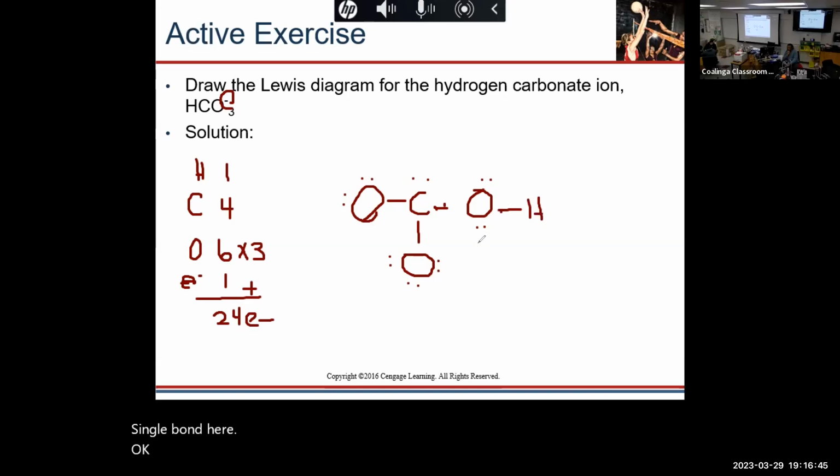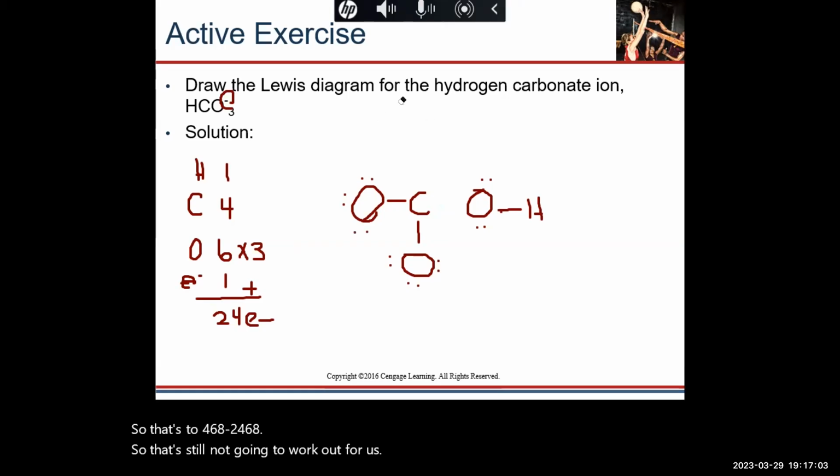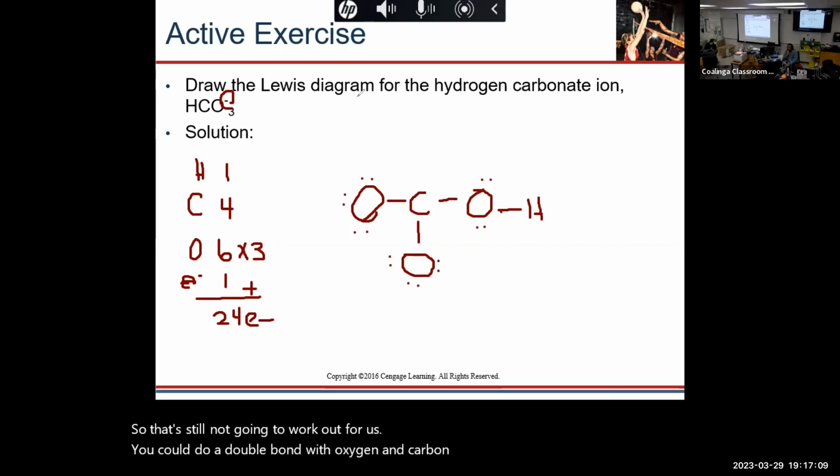So that's 2, 4, 6, 8. 2, 4, 6, 8. So that's still not going to work out for us. You can do a double bond with oxygen and carbon. Okay, so if we do a double bond with oxygen and carbon.